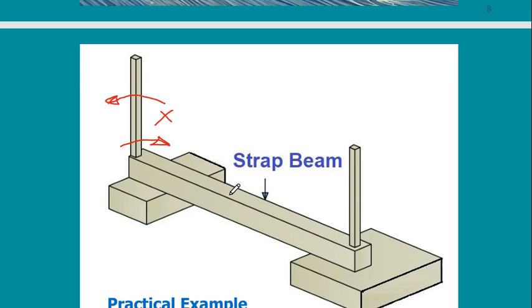It is a beam that is connecting two columns and preventing one of these columns from falling on the neighbor. So it is exerting a lot of effort. So the cross section here has to be a little big.